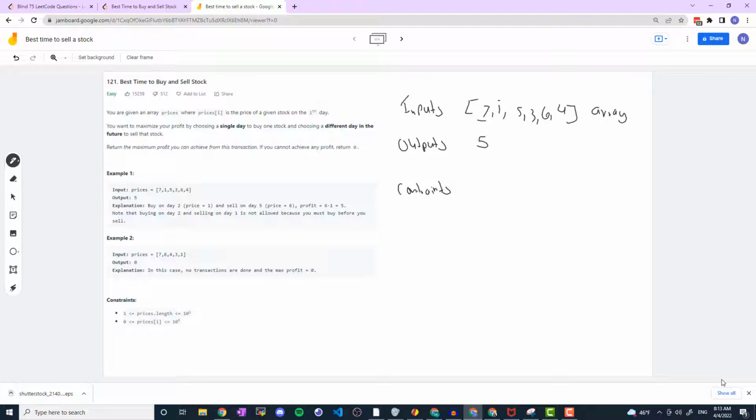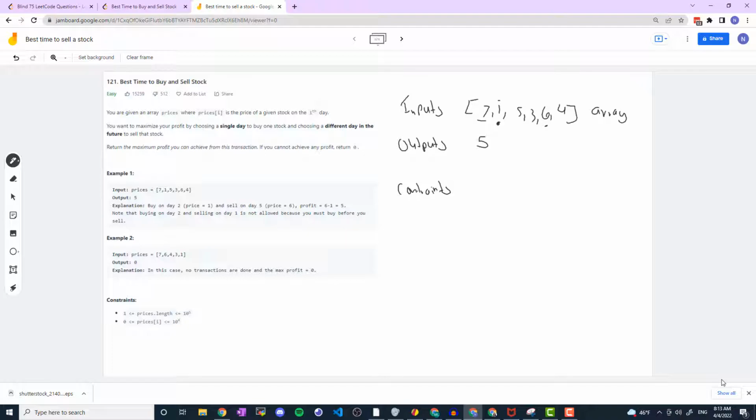But let's say that I buy the item tomorrow and then I sell that item on, say, next week. And I was able to sell it for $6. Now, that is a good investment because I was able to get a profit of $5. So that is our constraint.